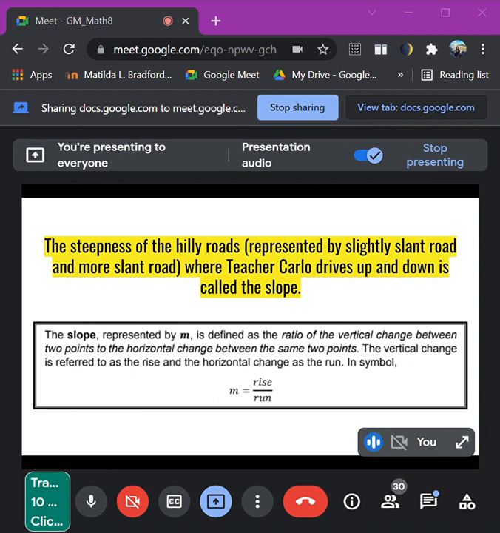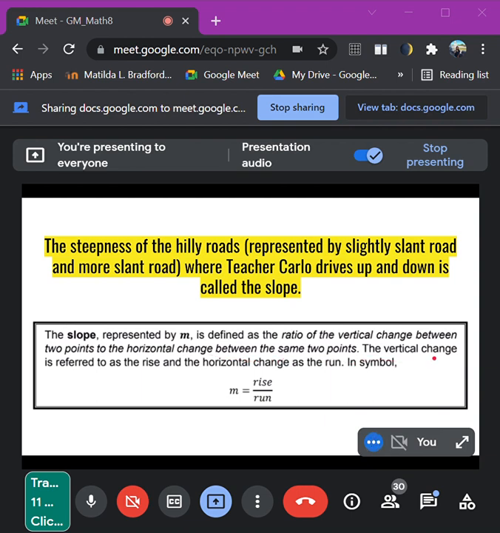So when we say steepness, that is how slant the road Teacher Carlo drives up or down. So when we say slope, it is represented by M, or letter M, and is defined as the ratio of the vertical change between 2 points to the horizontal change between the same 2 points.